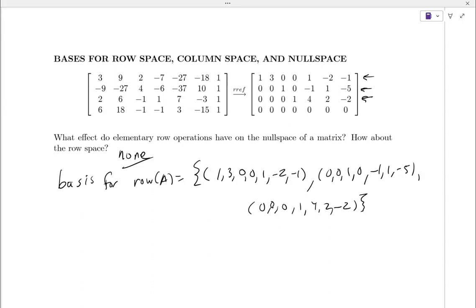So what that means for us in particular is that if you think about working backwards, if I started with this, do all your row operations in reverse, you'll end up back over there, won't you? So I can write every one of these rows in terms of those three, is what that says. So that's all the three that I need. For your basis for the null space, well, I have to solve the system, right?